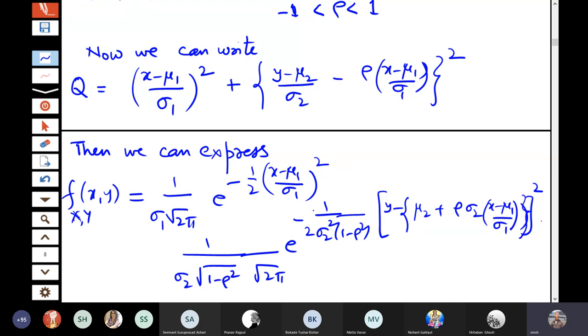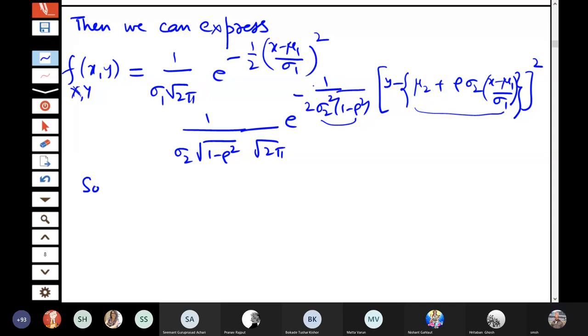This will come here. This will be acting as a mean of y, and this will act as the variance of y. So if I integrate with respect to y from minus infinity to infinity, it is a normal distribution with this mean and this variance. So the integral should be equal to 1.